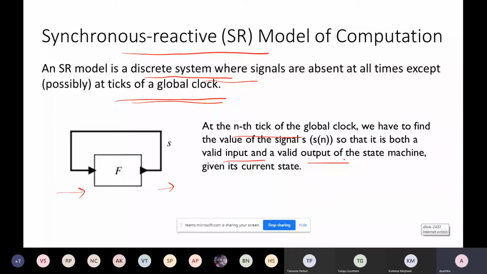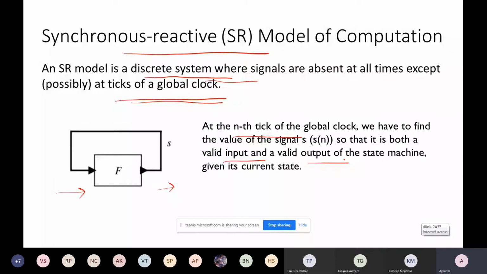Otherwise, the concept is very similar: at a particular tick, whatever output you get, that output should be a valid input in the next tick. So that way you have to model your FSM design.